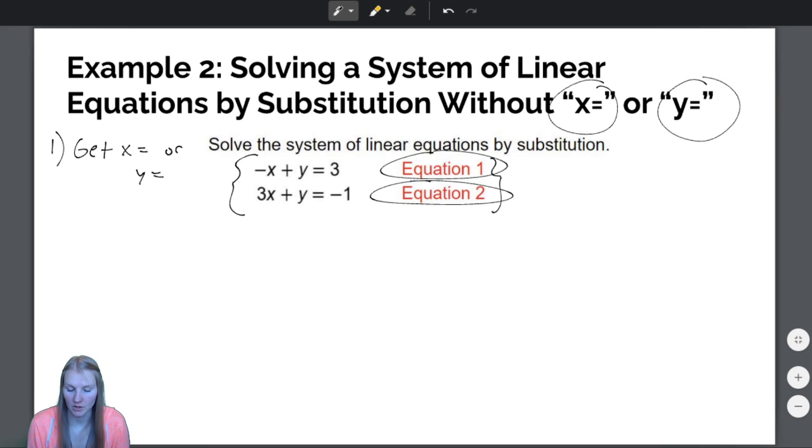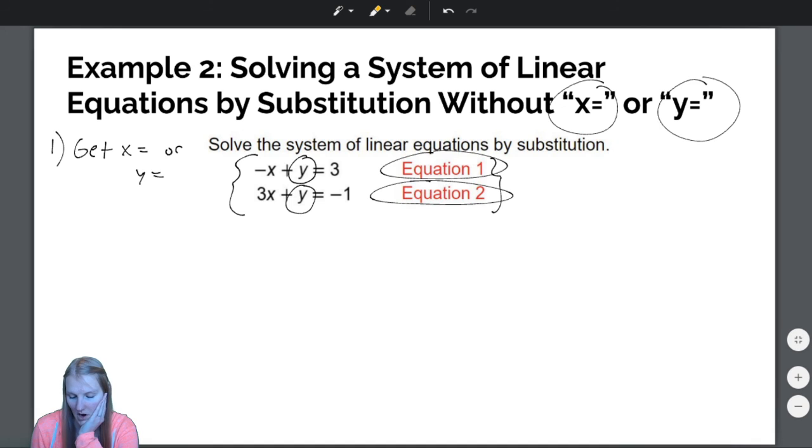Now, what I'm noticing is that both of these equations have a positive y all by itself. It doesn't have a 2y, there's no number in front of it. So this could be easy to solve for y for either of these equations.